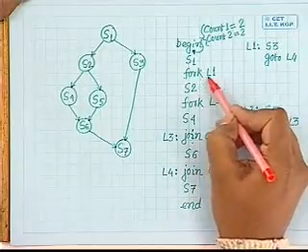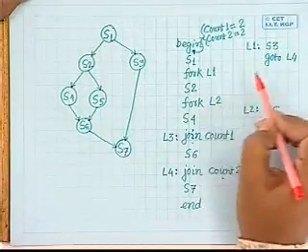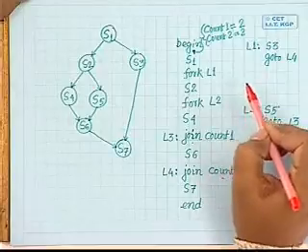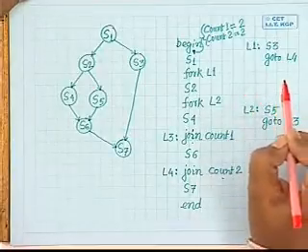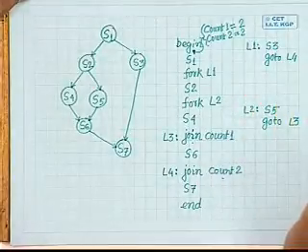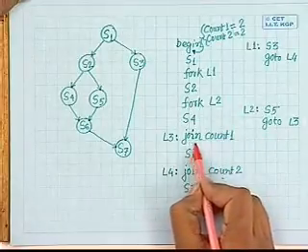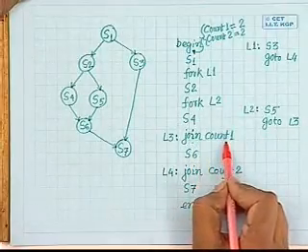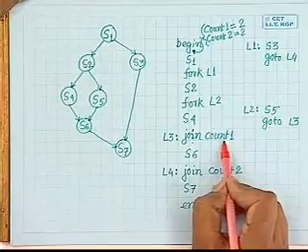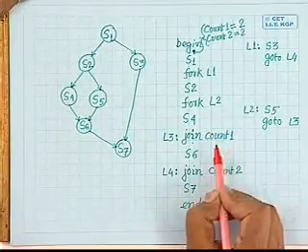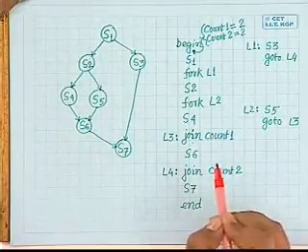Now when these two are to be joined, that means I want a single process which will continue with the rest of the operation, then I use this join statement. Join with count, where this count indicates how many processes are to be joined at this point.